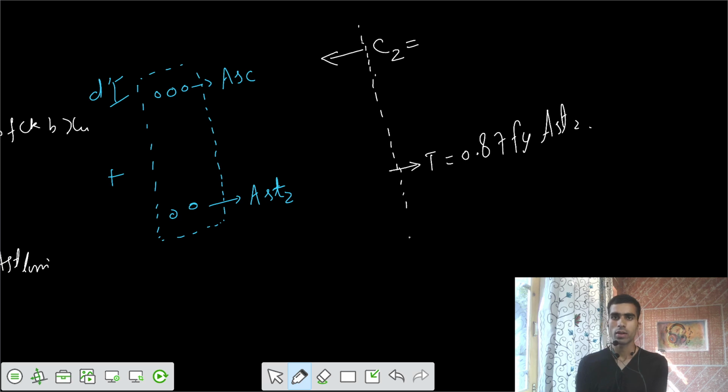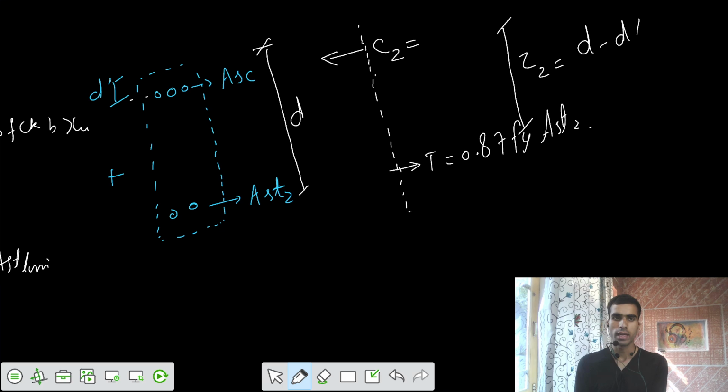For this one, the lever arm Z2 is equal to d minus d dash. If the total distance up to the center of those bars is small d, and this part is your small d dash, then the lever arm between the centroids of the C2 force and T2 force is equal to d minus d dash. Okay.